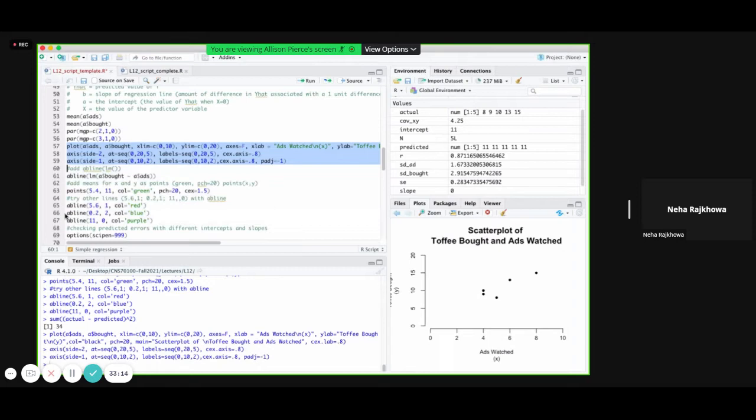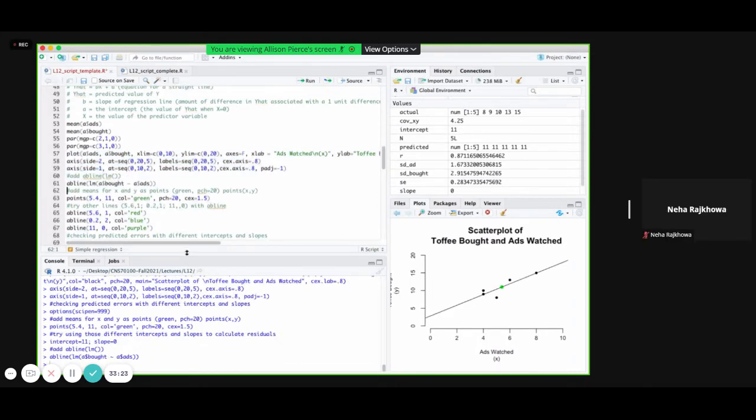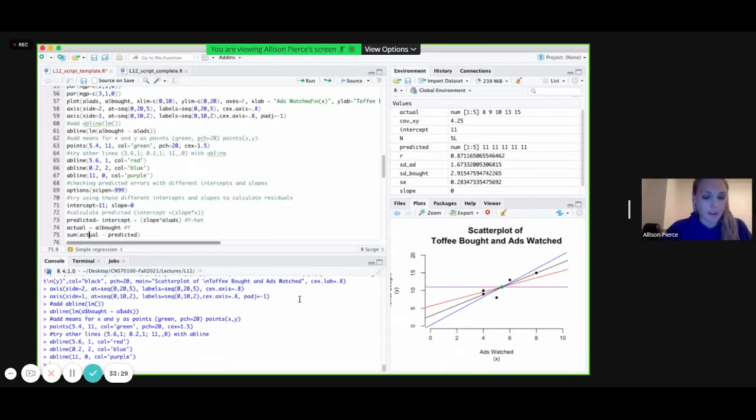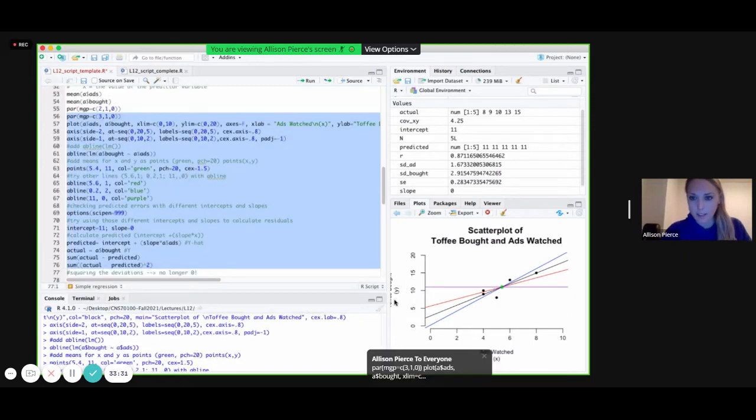Let me see one by one what lines are working. I'll copy it and put this in the chat and see if that will help.